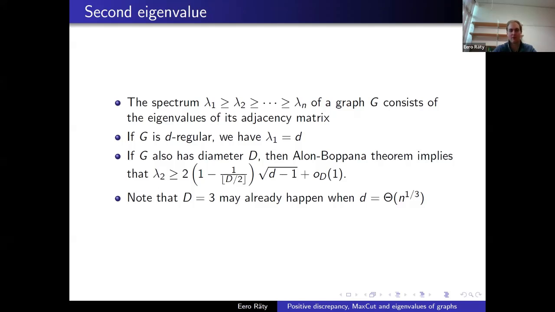But I want to point out that the Alon-Boppana theorem is useful up to when D is some small constant times n to the 1/3.